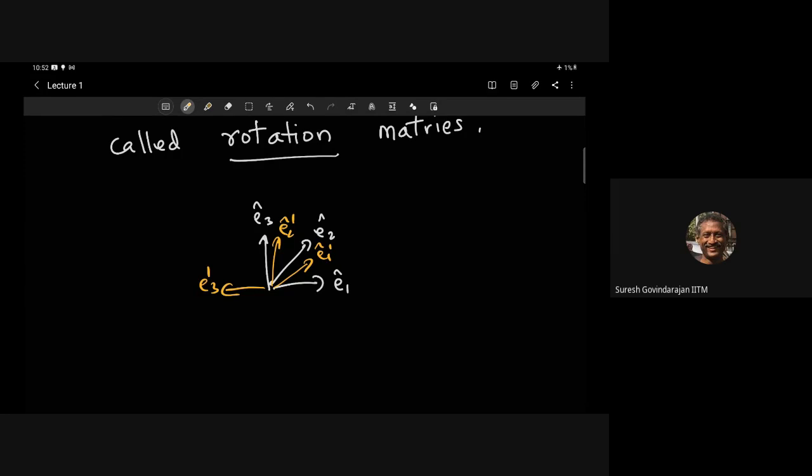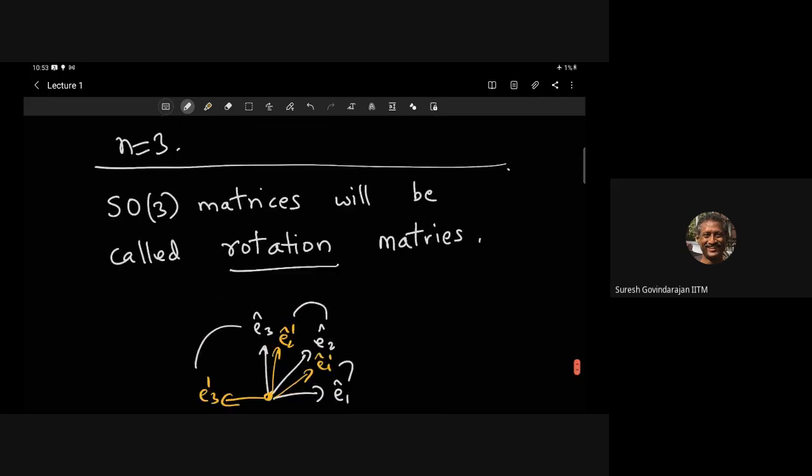The reason I call it a rotation is that origin is preserved, so there is some way I can rotate such that E1 can be mapped to E1 prime, E2 to E2 prime, and E3 gets mapped to E3 prime. So that's why these are called rotation matrices. You can check that such a matrix exists, and we have shown that it has to be a special orthogonal matrix. Physically it corresponds to rotating the axis. So they'll be called rotation matrices.